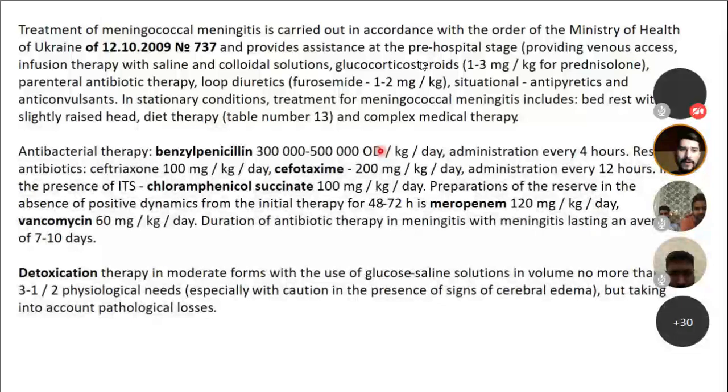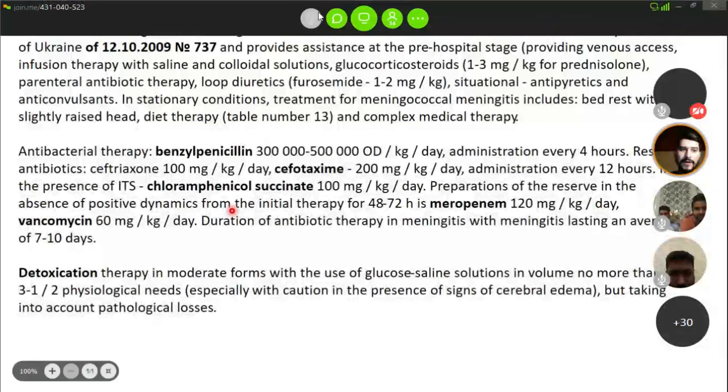Now, it says here, reserve in the absence of positive dynamics. Could someone explain to me what that means? The absence of positive dynamics. Do you know? Anyone? Why would we go for meropenem or vancomycin?